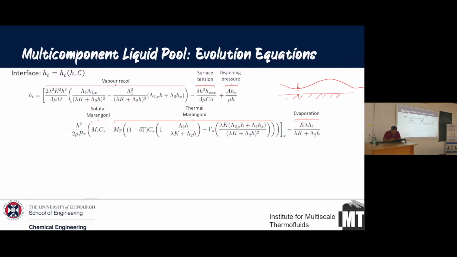Whenever it tends to get close to the wall, the continuum approximation breaks down. If it forms a kind of contact line, if it's touching the surface, it breaks the continuity of the equation there.